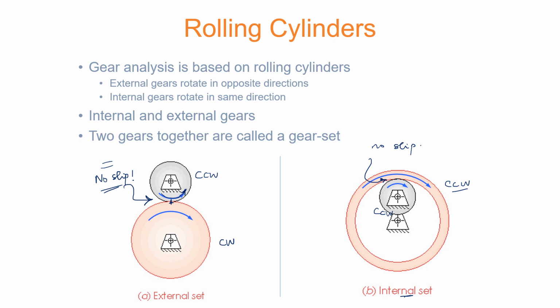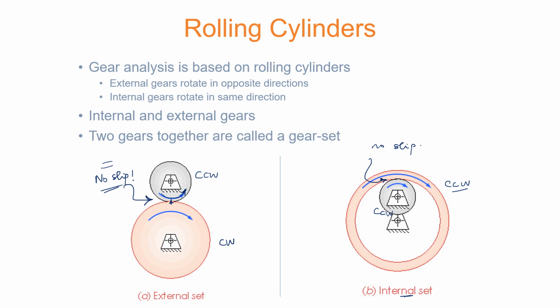Now this condition is kind of a big condition, in the sense that when you have big, heavy loads to be rotated on the output cylinder, there is a possibility that you don't have sufficient friction at the point of contact over here to transmit the forces.